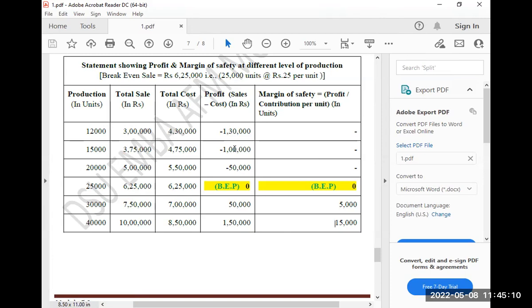If you minus the variable cost of the respective level of output from the sales, you will get contribution. So contribution for the first level of production is 1,20,000. That is 3 lakhs minus 1,80,000. Likewise, you calculate for all the levels.